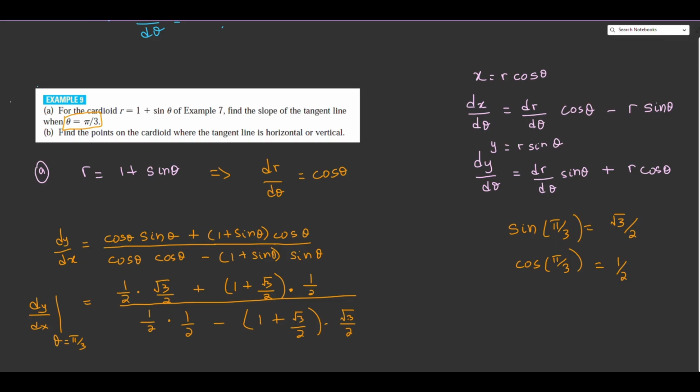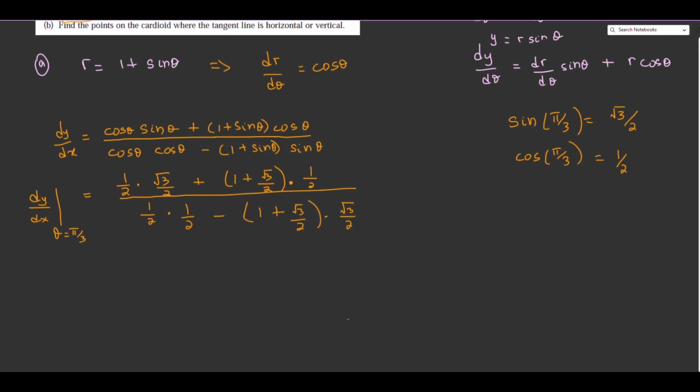And when we simplify this, we will get the answer, which is equal to minus 1. So this is our slope.